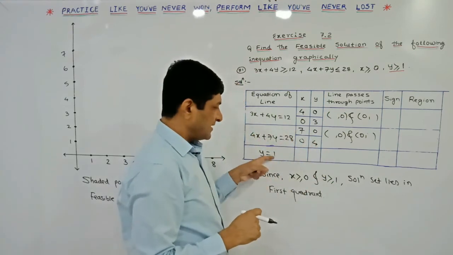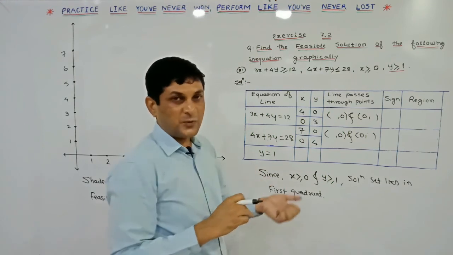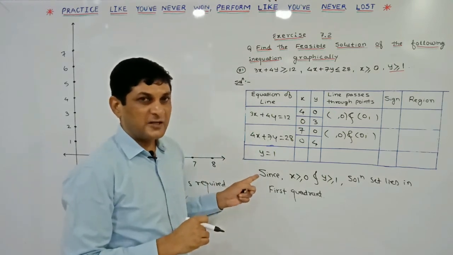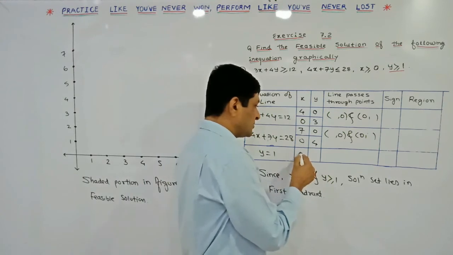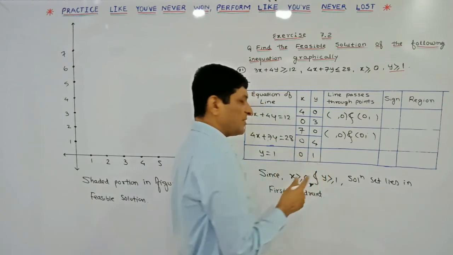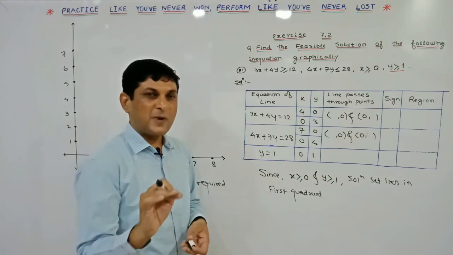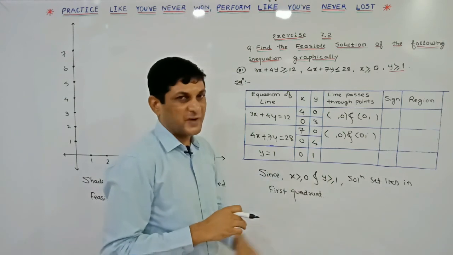Now this line is parallel to which axis? X-axis, because if the equation of the line is y is equal to a constant, at that time we know that the line is parallel to what? X-axis. And here substitute x is equal to 0 and y is equal to what? 1. So we know that this line is parallel to the x-axis, but we will require the coordinates of 1 point on this line. So we are easily able to find the coordinates.